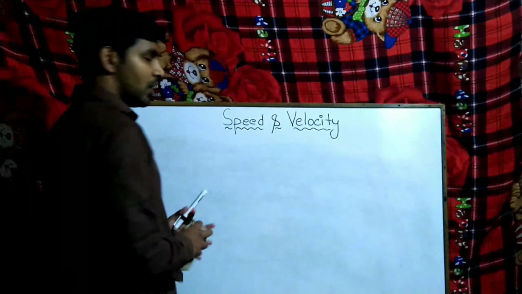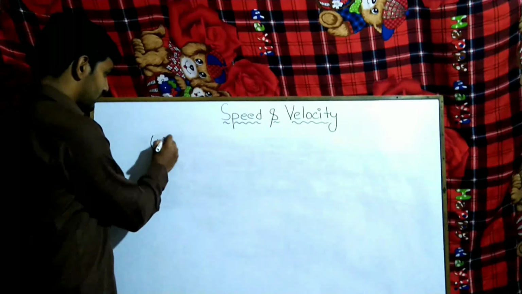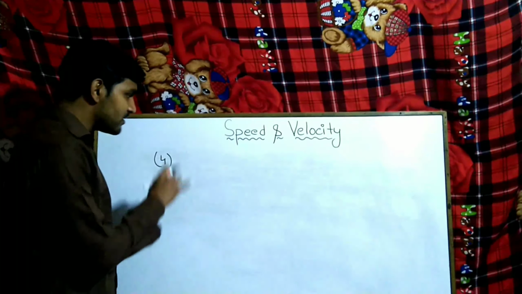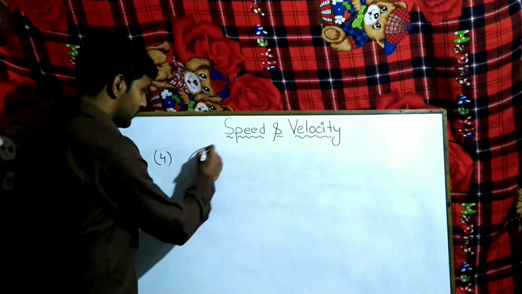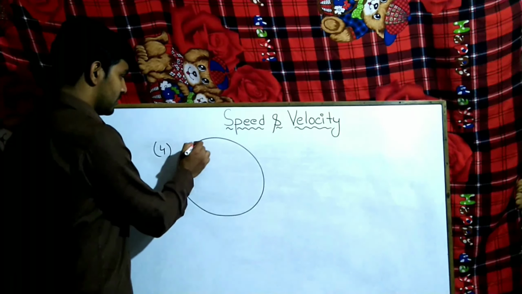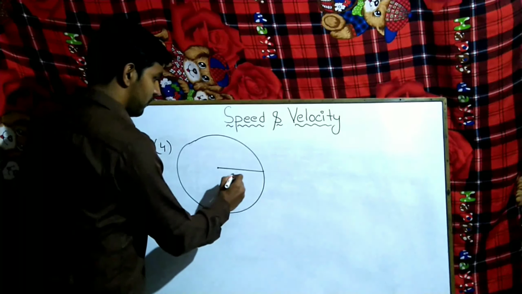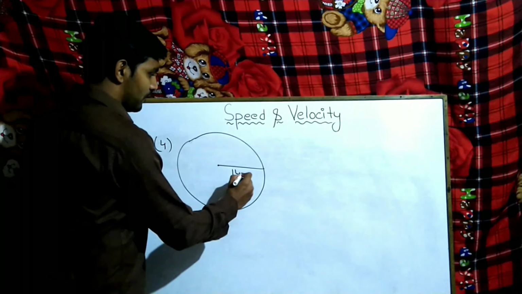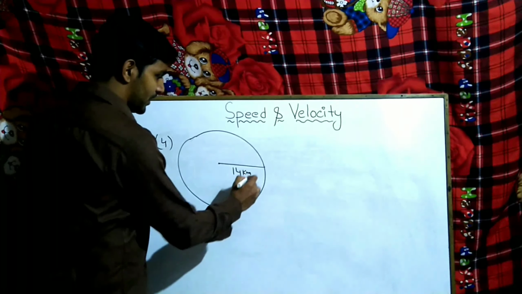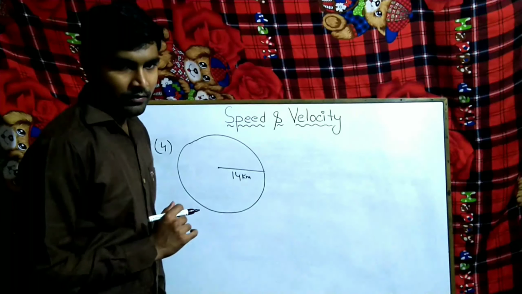Okay, so now we discuss the fourth problem. See, in the fourth problem, a body is moving in a circular path, and the radius is given 14 kilometer. Radius given how much? 14 kilometer.